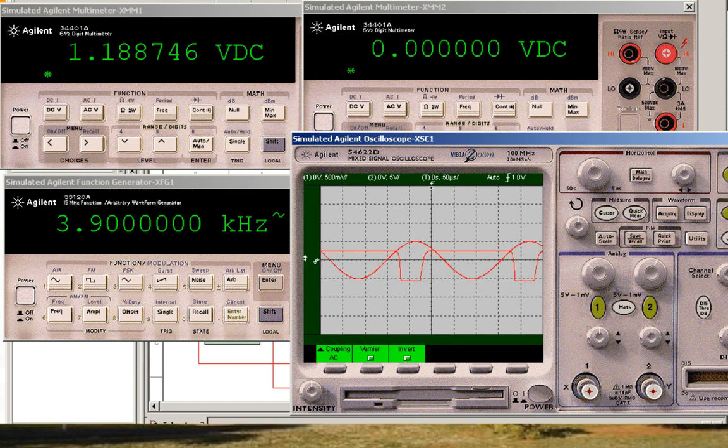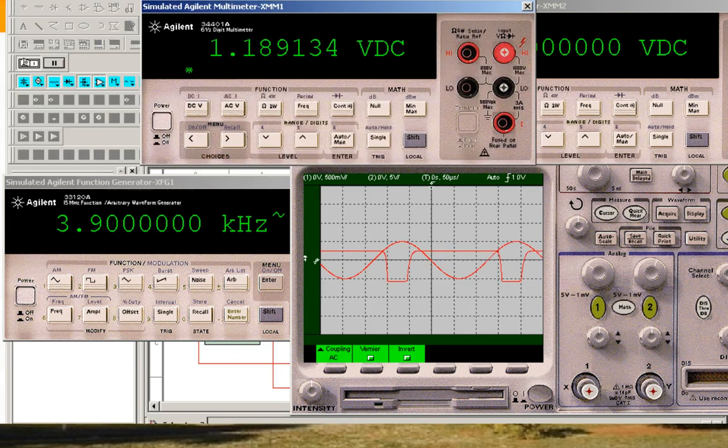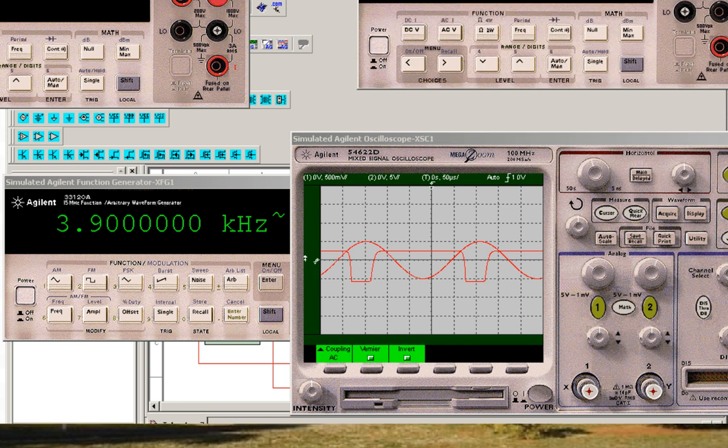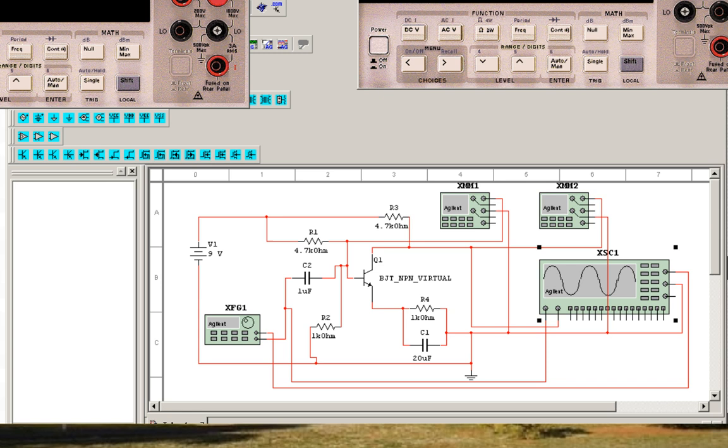So yeah, I think there's a problem here because there's supposed to be some voltage there. I don't know what's going on here. What we're gonna do is let's just move this out of the way. We've got 1.18 volts from base to ground.